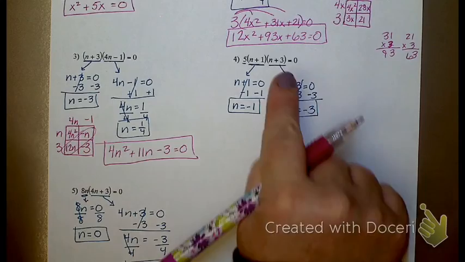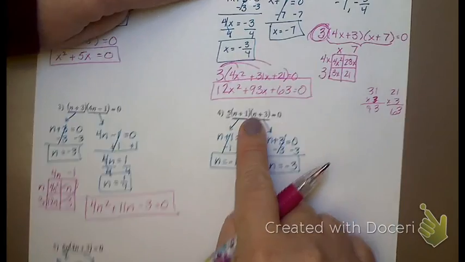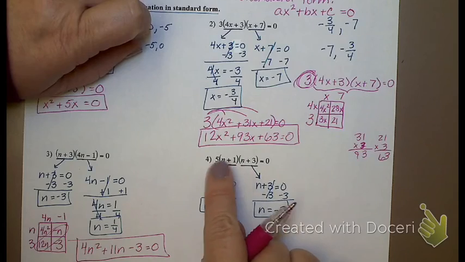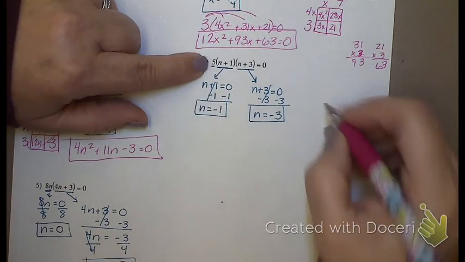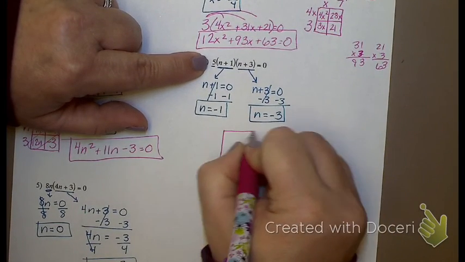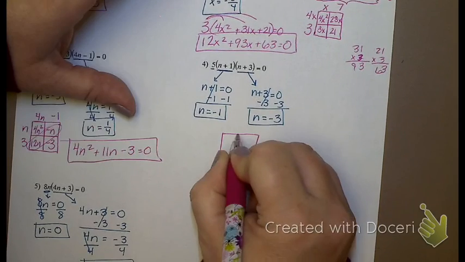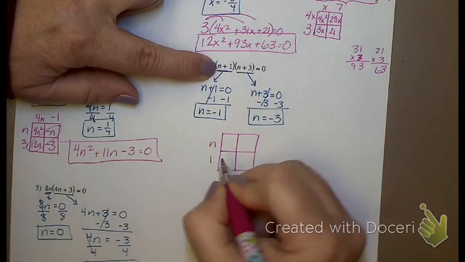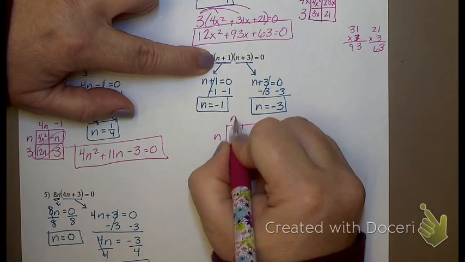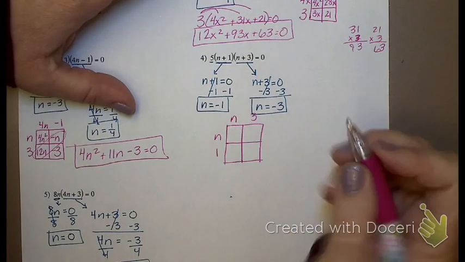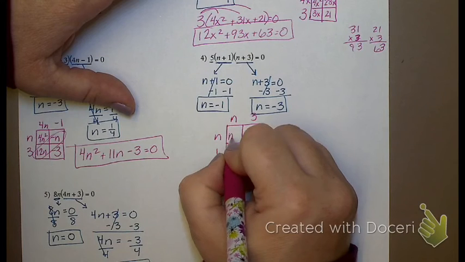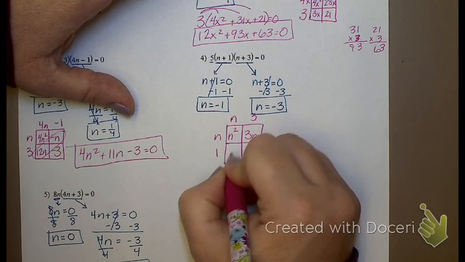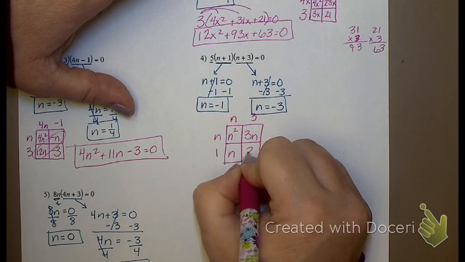All right, number 4 is just like the one above it, where it has that number out in front. So I'm going to do the box for those two, and then I'll distribute the number. I have n plus 1, and I have n plus 3. N times n is n squared. N times 3 is 3n. 1 times n is n, and 1 times 3 is 3.